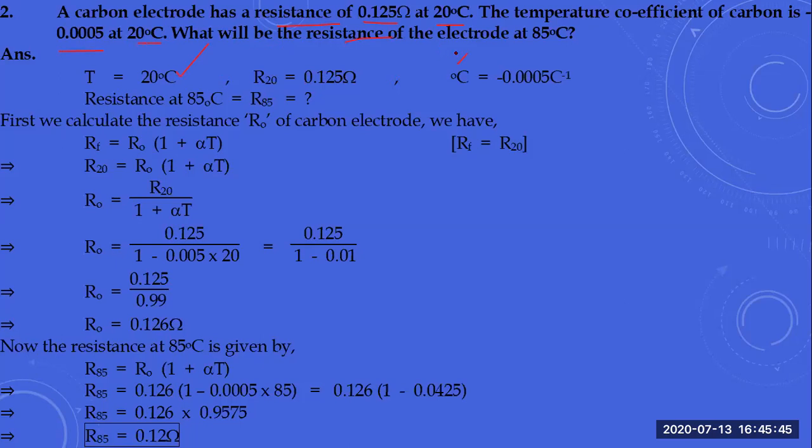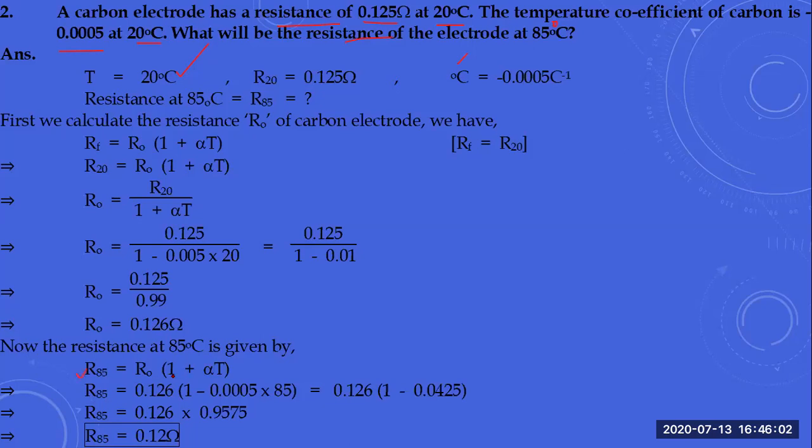What is the resistance of the electrode at 85 degrees Celsius? So you are asked to calculate the resistance at such a temperature. It's also a very simple type of problem.